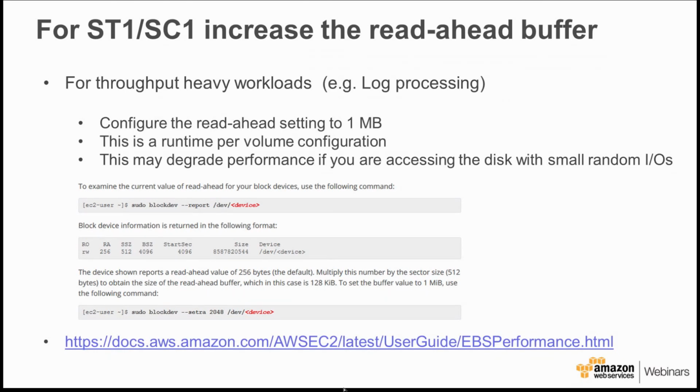But note, this may degrade performance if you're accessing the disk with small random I/O. I've shown the command below on how to set the read-ahead setting for your EBS volumes attached to your instance. There's a link below that goes into more details on exactly how to set this. So again, for ST1 and SC1, consider increasing the read-ahead buffer for optimized performance.